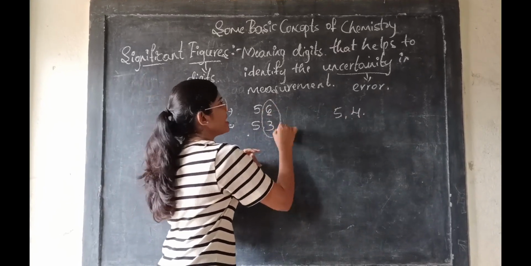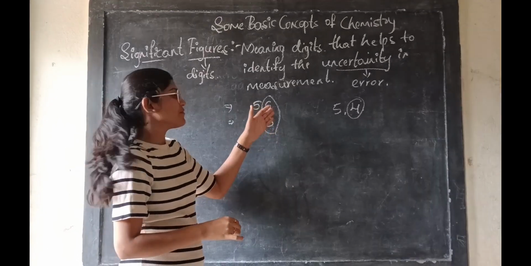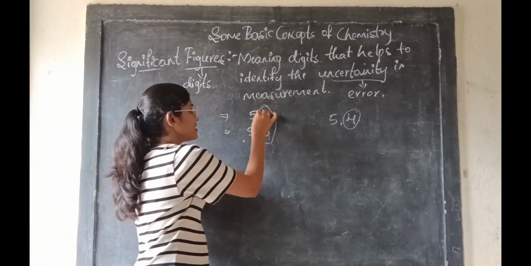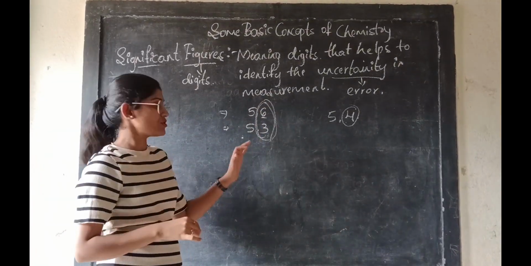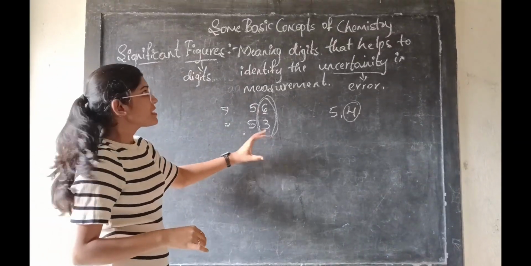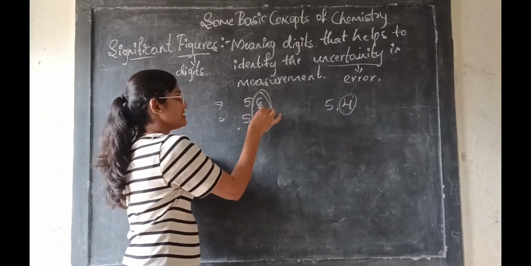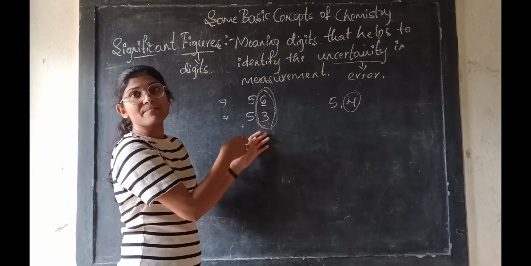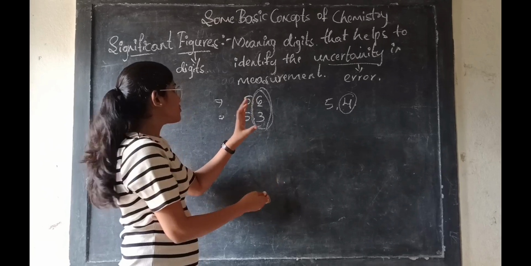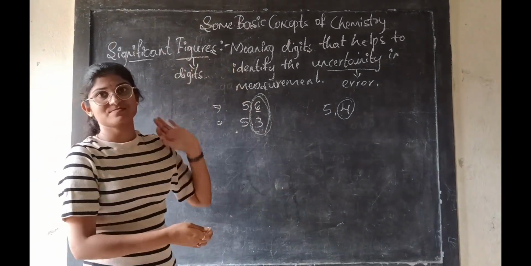So these are uncertain in measurement. These are doubtful, whether the 5.6 is right or the 5.3 is right. So these 6 and 3 are the uncertain digits. These two values are doubtful. To clear this uncertainty, we use significant figures.